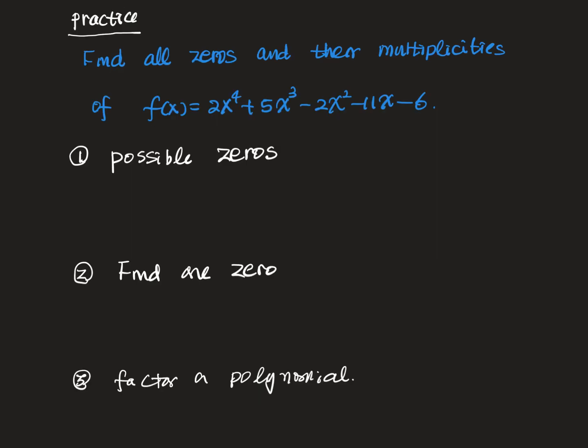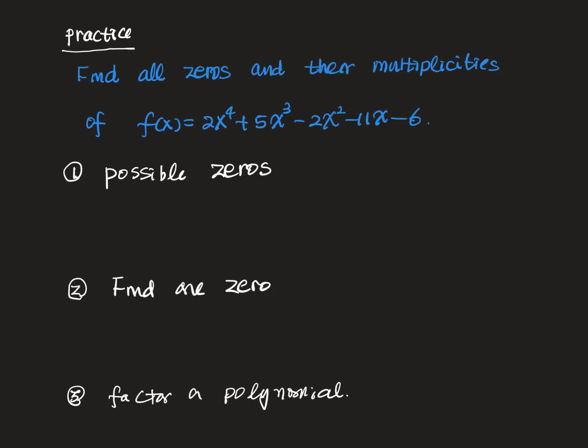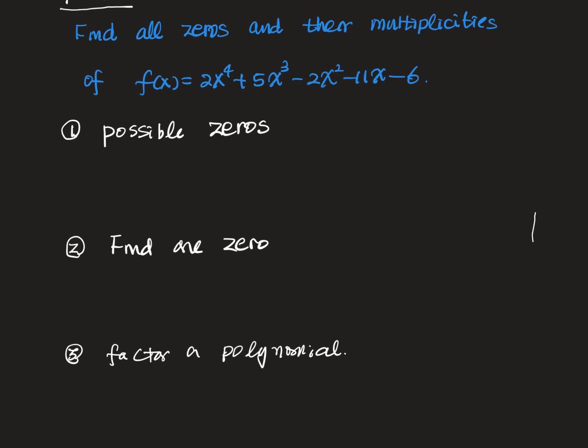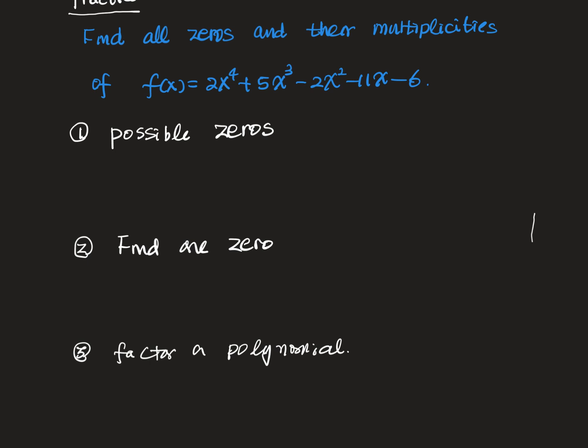So let's practice finding all the zeros and multiplicity for a given polynomial function. This is a degree 4 polynomial function, guys. Pause the video, do it by yourself, and then come back. Let's do it together. Here's the order to solve this problem. First, the possible zeros. How can we find them? The leading coefficient is 2.